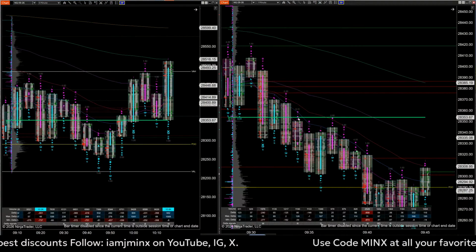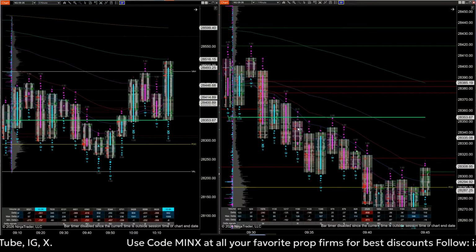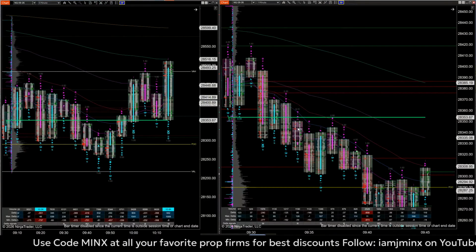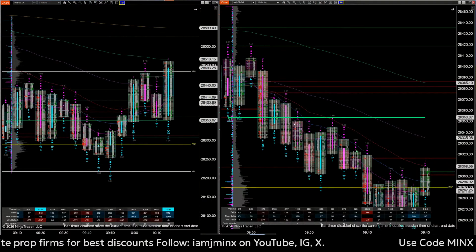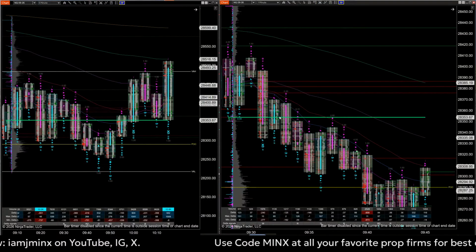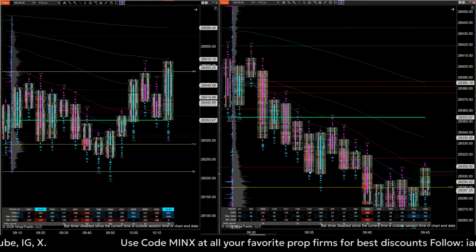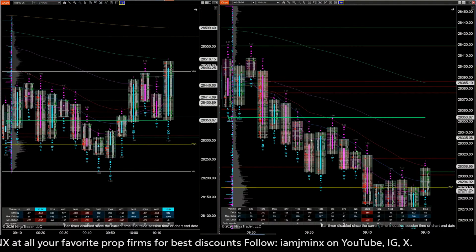So no, it didn't retest 353. But on a 28,000 point instrument, it rejected at 3 points away basically. So you can see that it was having a harder time to push through this. You can also see we had negative delta again. This is where I would enter a short.